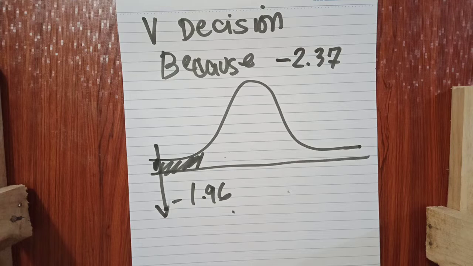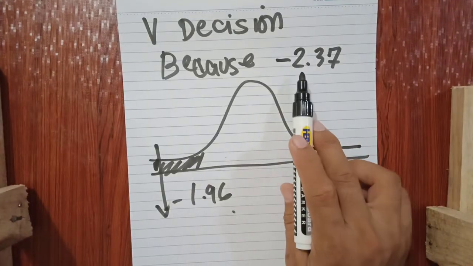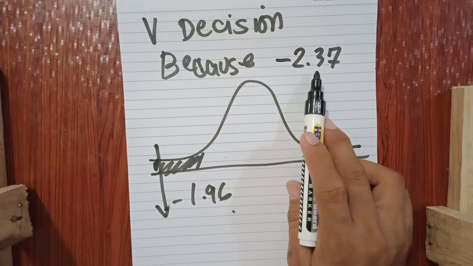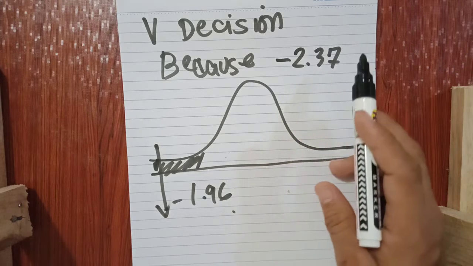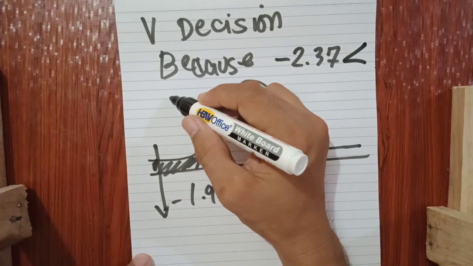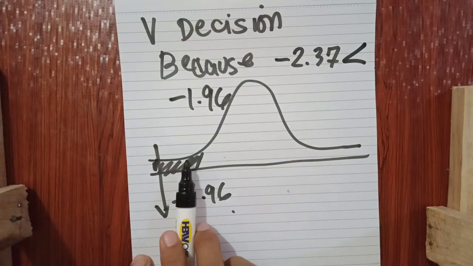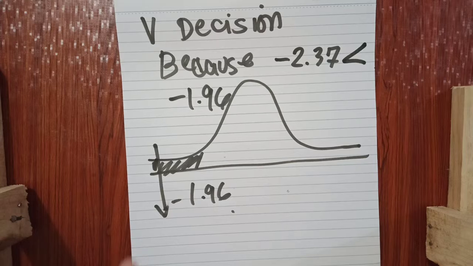So, ang ating magiging conclusion diyan, siyempre, because negative 2.37 is less than negative 1.96, so nandoon siya sa rejection region. Reject the null hypothesis.